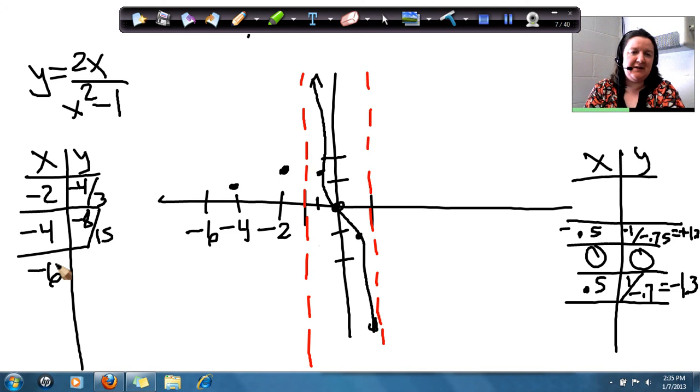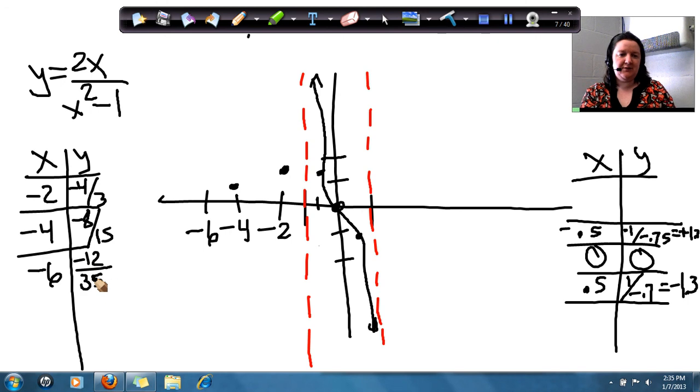If I plug a negative 6 in, that's going to give me a negative 12, and 36 minus 1 would be 35. That'll give me a negative 0.3. So it's going to be down here just a little bit.